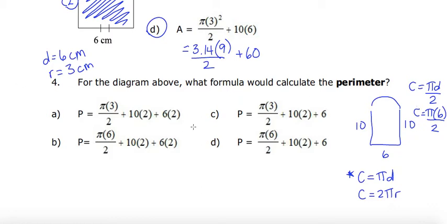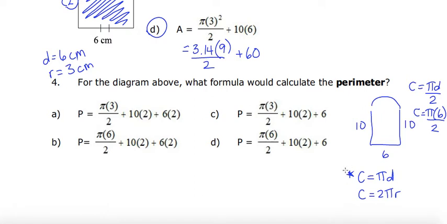So if I look over here, again, I want to think about which of these formulas is going to make sense for us. They all show the circumference of the semicircle, so they're all being divided by 2. You'll notice that some of them, though, have used 3 instead of 6, but there's no 2 in front of it.